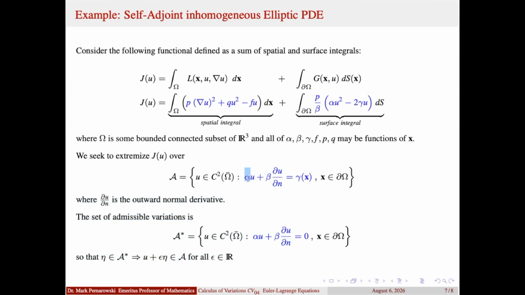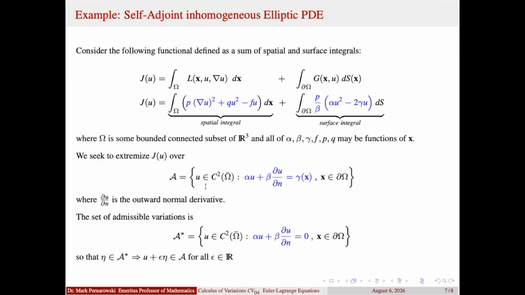So this is an alpha that depends on x, u plus beta times the normal derivative, equal to some prescribed function gamma of x. And you notice this gamma is also sitting in g up here, so that's very relevant.